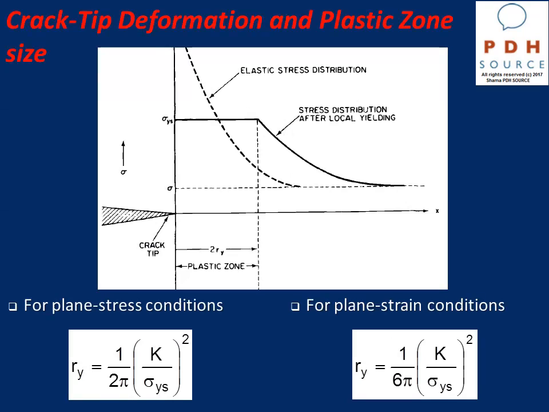Now, what are we going to do with the infinite stresses in the vicinity of the crack tip? We have already shown that the elastic stress at the tip of the crack becomes infinitely large as the radius of curvature at the tip goes to 0.